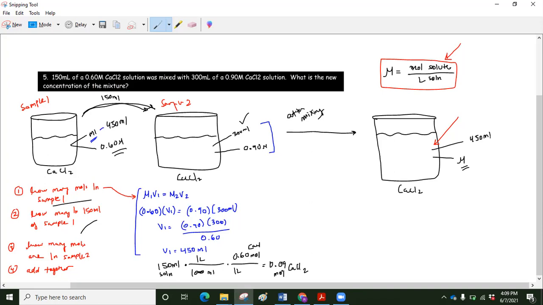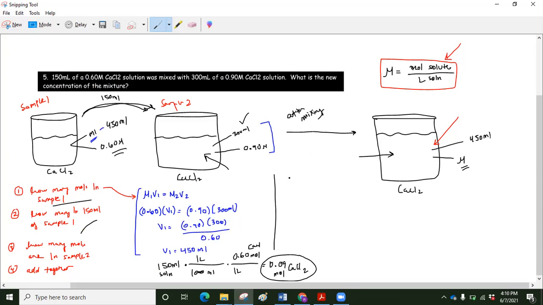We don't know how many moles are in sample 2, so we can't add those amounts together to get the amount in the final solution. But we know that there are 0.09 moles in sample 1, so let's find out how many moles there are in sample 2.